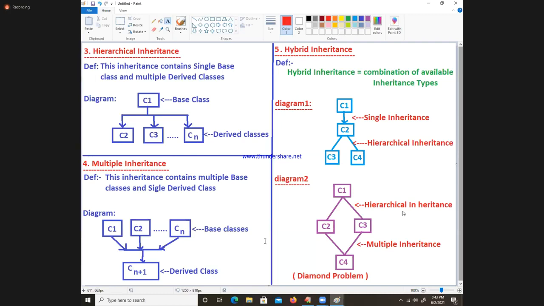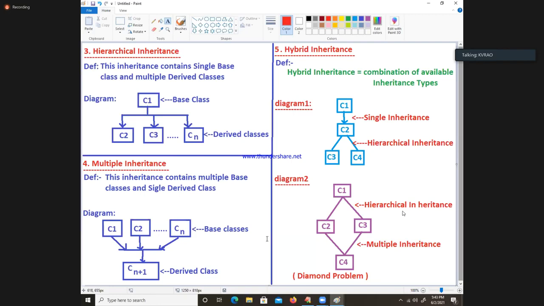Logical memory management. So ultimately today, are you understanding the importance of inheritance? Diamond problem is nothing but what? Hybrid inheritance only. Diamond problem contains how many inheritances? Hierarchical plus multiple, which forms the diamond.